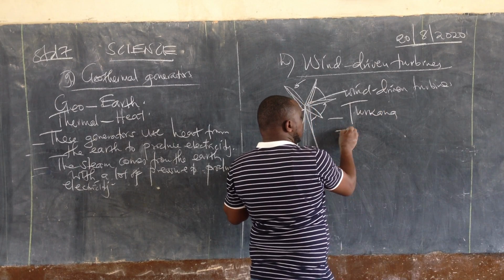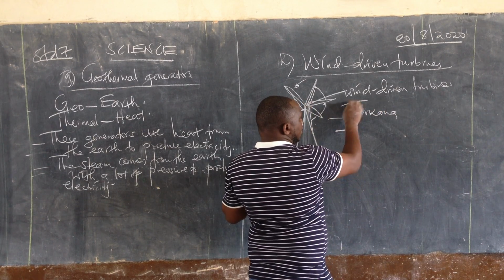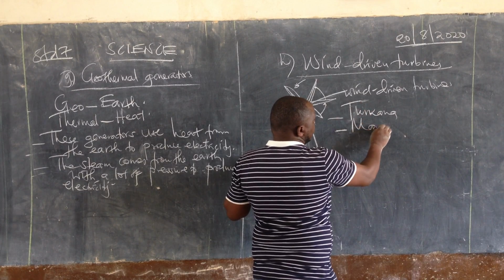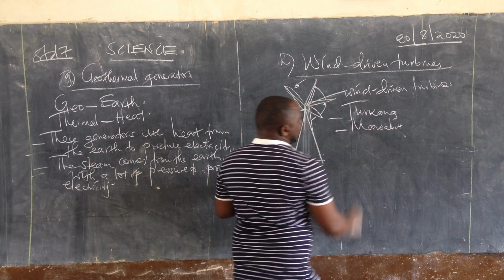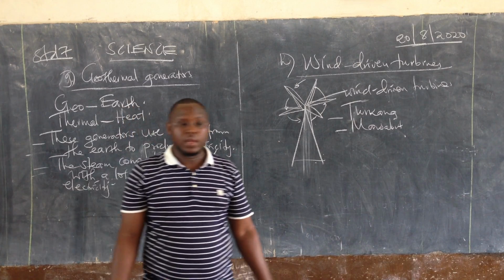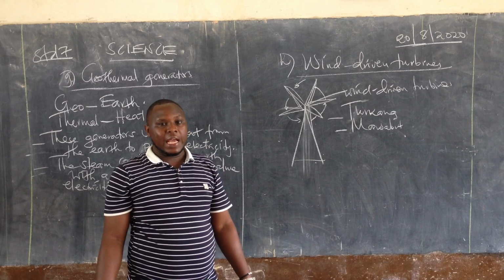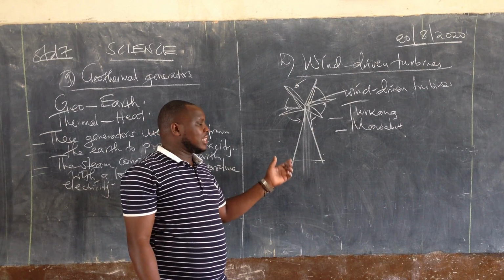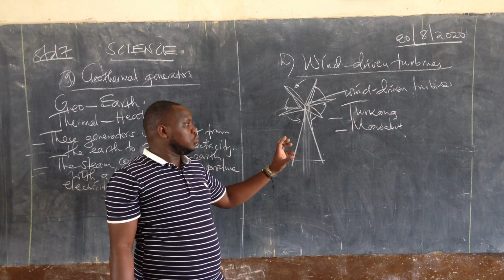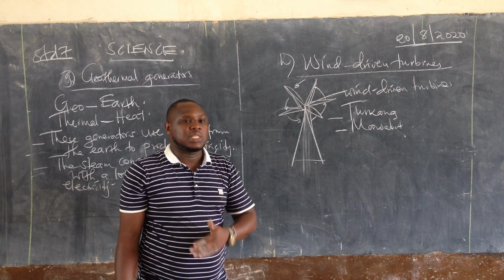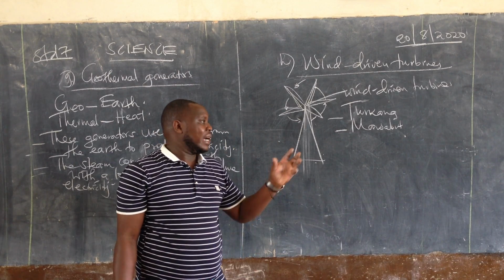We have Turkana, Marsabit. Those areas which experience a lot of wind, they can be able to use that wind to be able to produce electricity. Right now they are saying there's a lot of wind there, and they need to utilize that to be able to produce electricity that can supplement what we get here in our country.